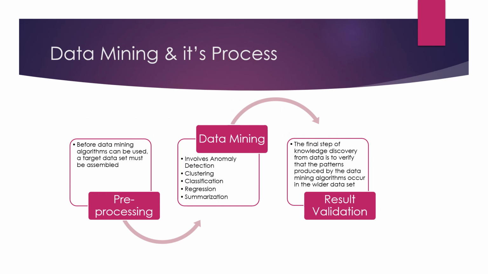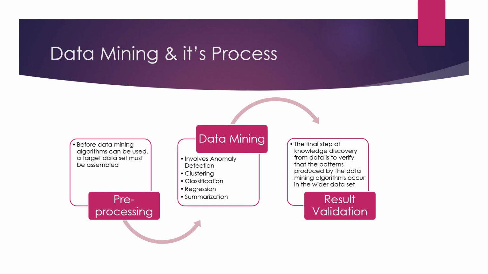Data mining and its processes. Before data mining algorithms can be used, a target data set must be assembled. That means whatever we have to calculate or work on, we have to assemble that kind of data. Data mining involves clustering, classification, regression, and summarization.